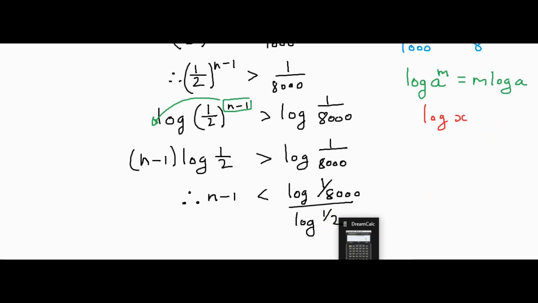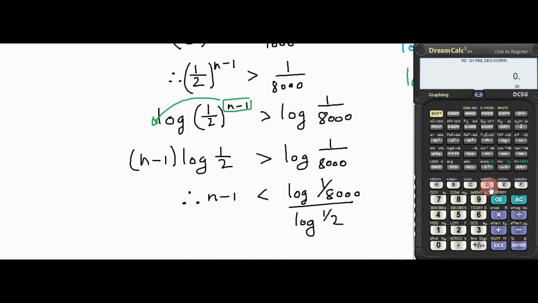And we can work this out in a calculator. So we have the log of 1 over 8,000 divided by the log of a half. And this comes to 12,97, rounded off to 2 decimal places.